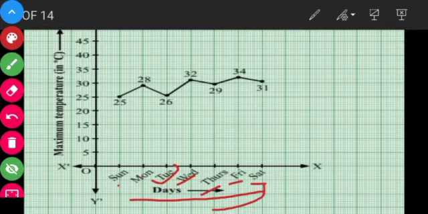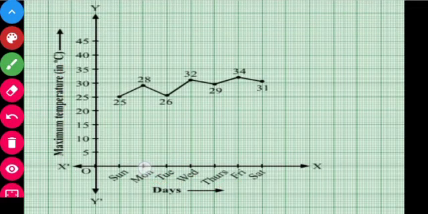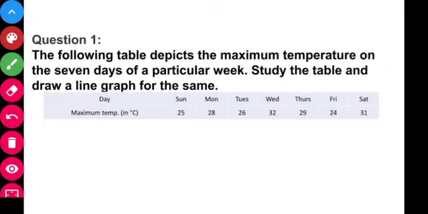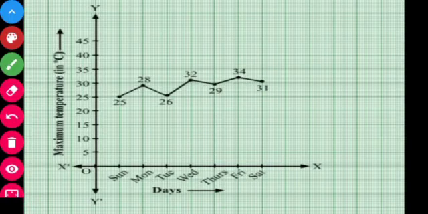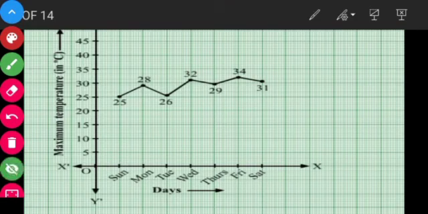And here 1 unit is equal to 5: 5, 10, 15, 20, 25, 30, 35, 40, 45. So this is the maximum temperature in degrees Celsius. On Sunday the temperature was 25 and Monday 28.